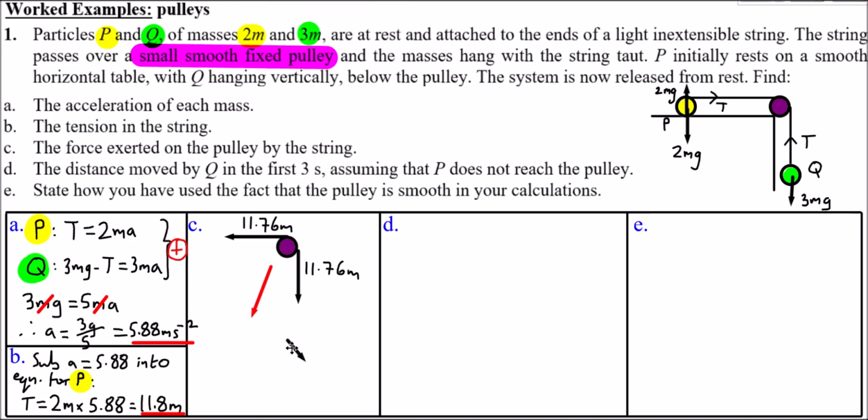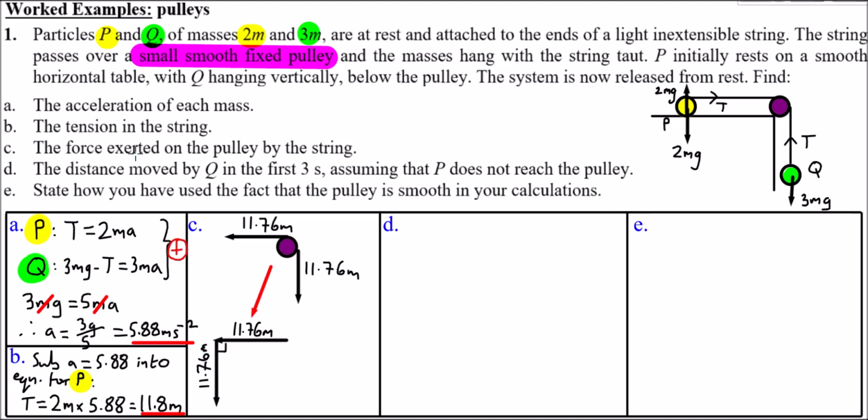And of course 11.76 going down. These directions are perpendicular. That's a right angle. It's 11.76 m this way.